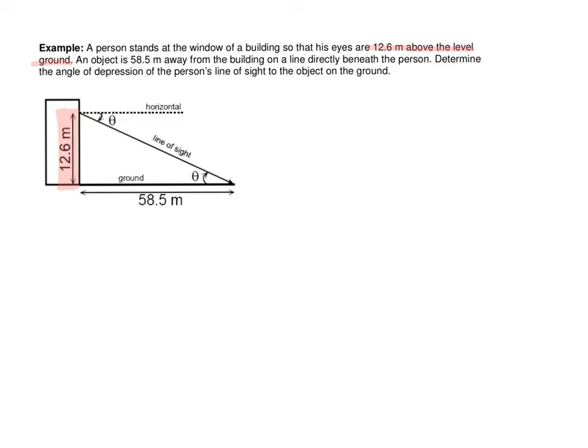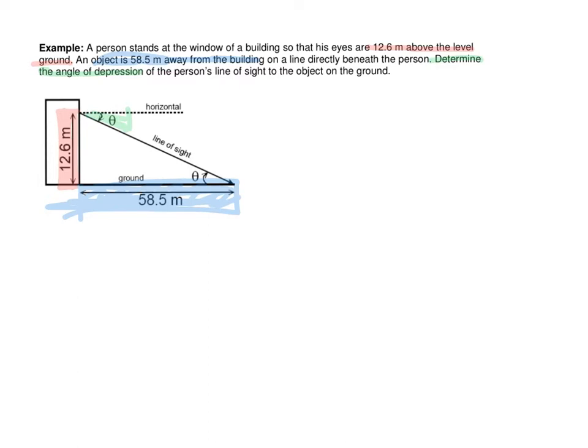We're told that an object is 58 meters away from the building. That is the base of our triangle. Next, we are asked to determine the angle of depression, which would be this angle right here.